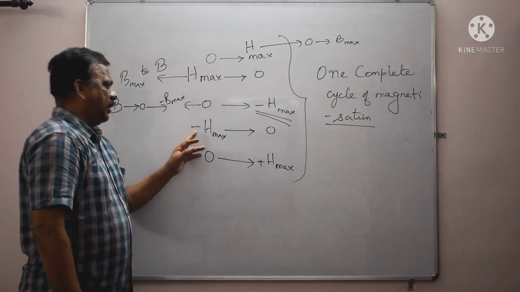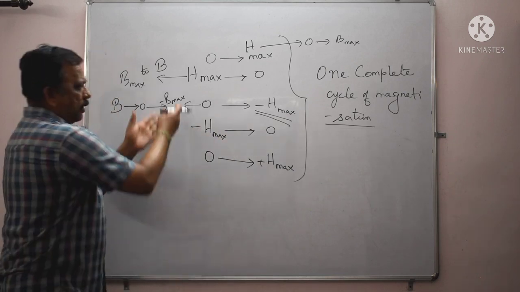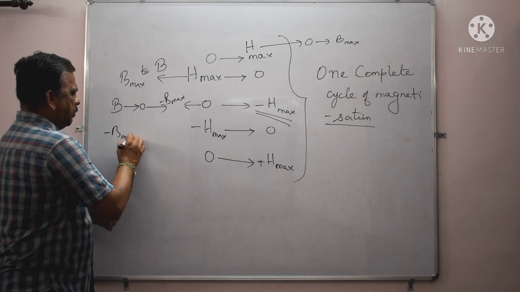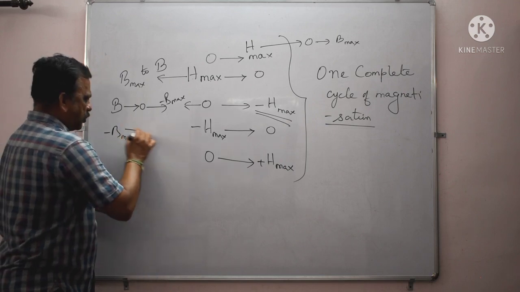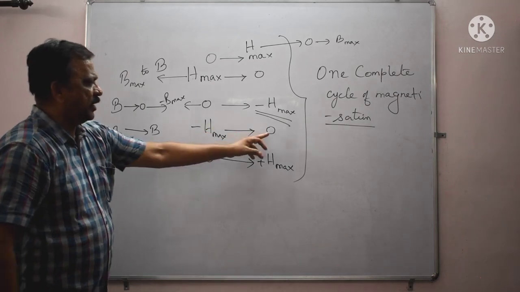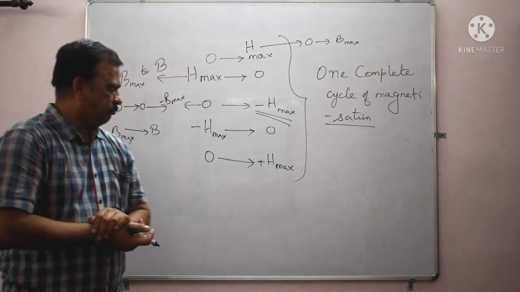And again when I change the magnetizing field from minus H max to 0, the magnetic field induced in the specimen will change from minus B max not to 0 but to a particular value, say B. Because when magnetizing field is made 0, the magnetic field won't become 0 because of hysteresis.